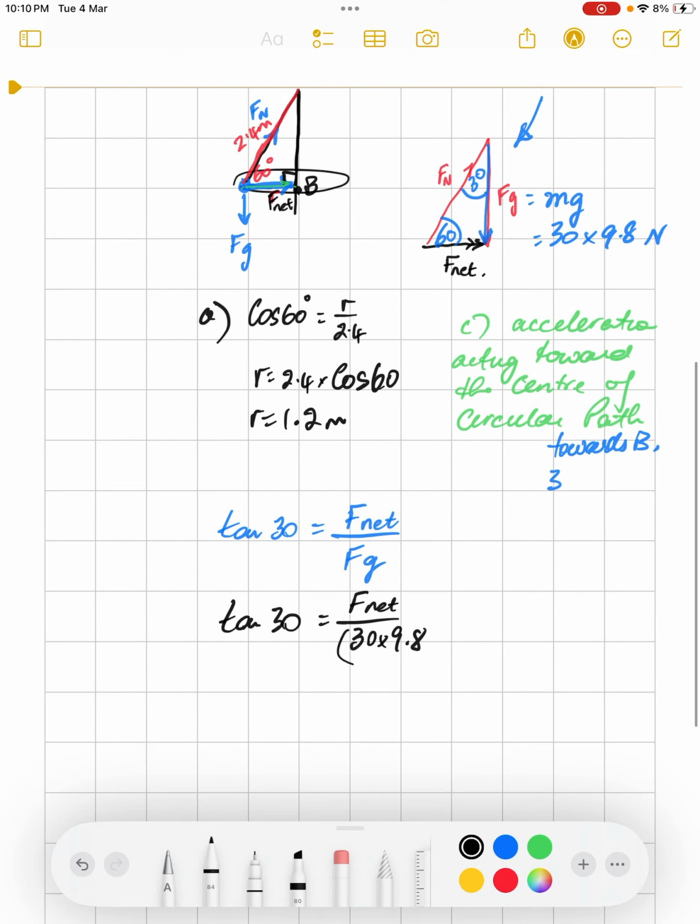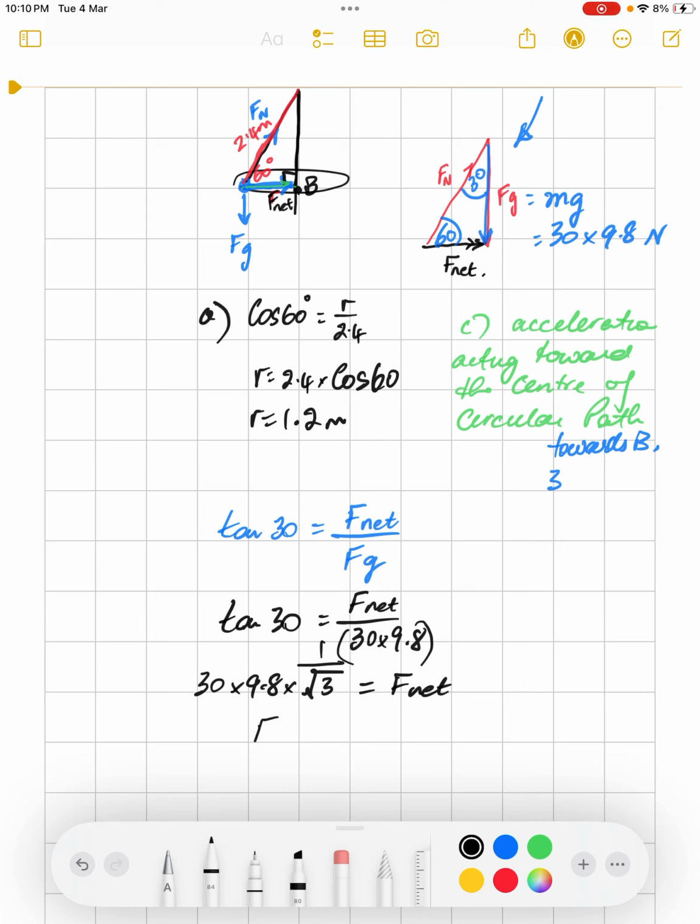And we can bring 30 times 9.8 to the top here, and tan of 30 is 1 over root 3. So let's put that into the calculator.